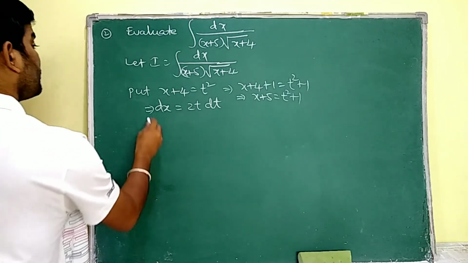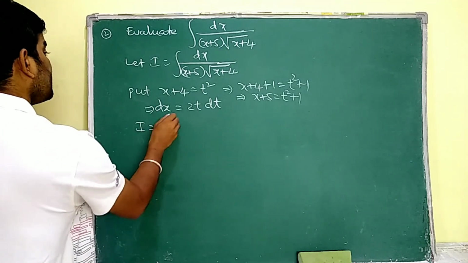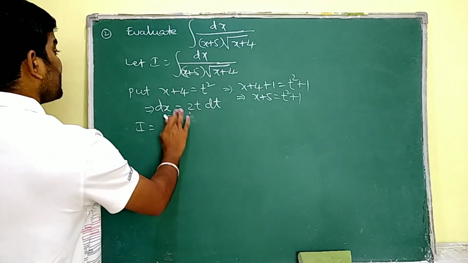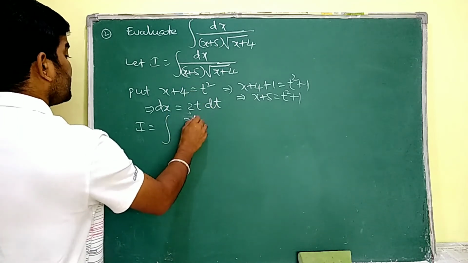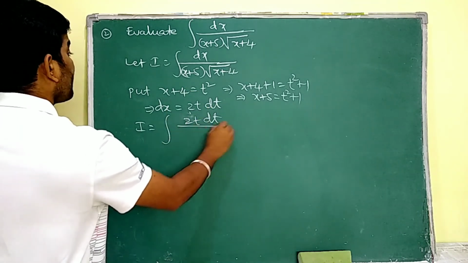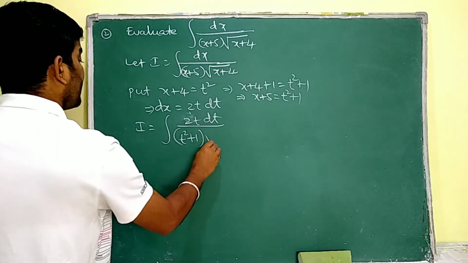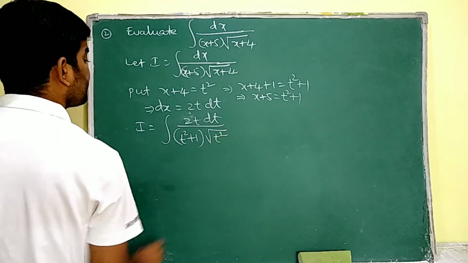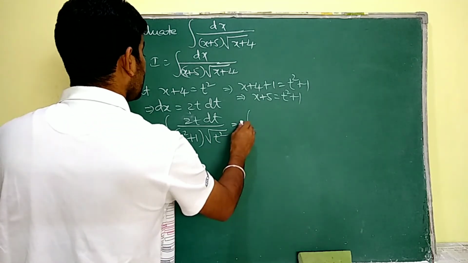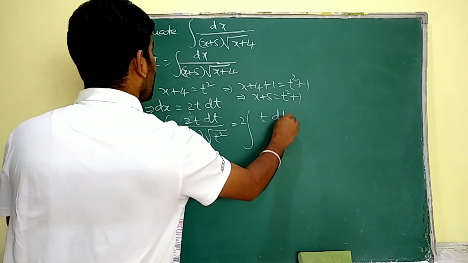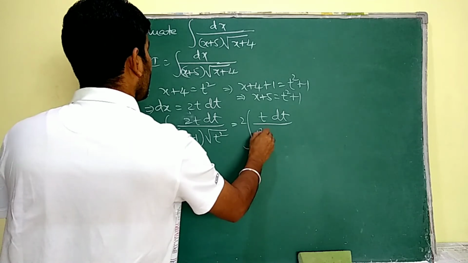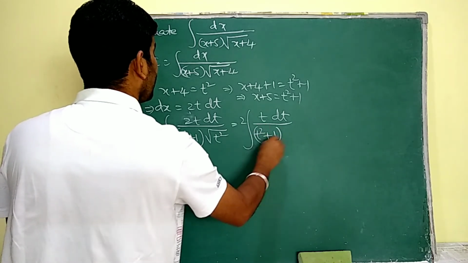Similarly, I write the value of I as the integral, in the place of dx writing 2t dt, x plus 5 as t square plus 1, and root over t square. This can be expressed as 2 into t dt by (t square plus 1) into t.